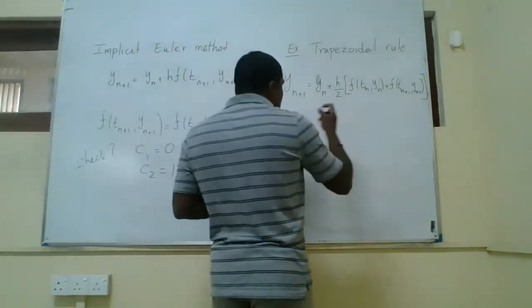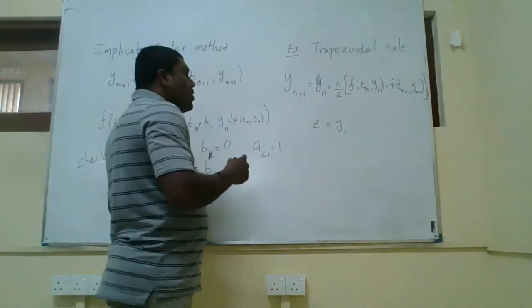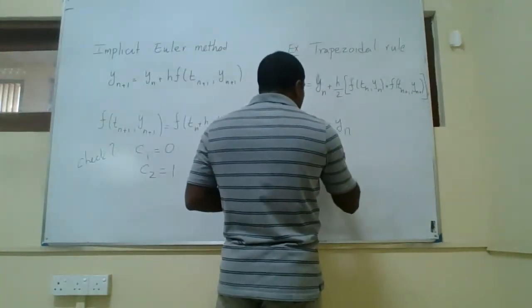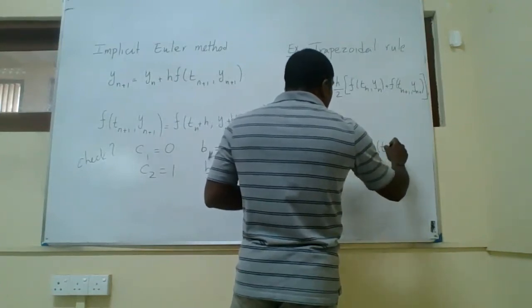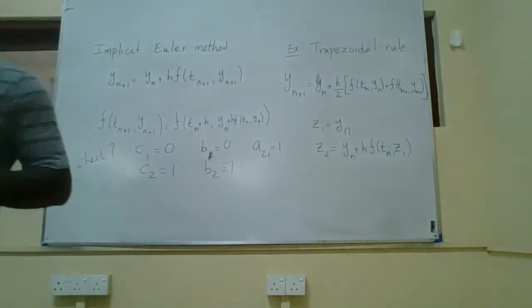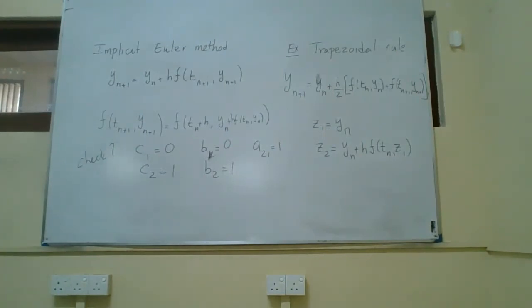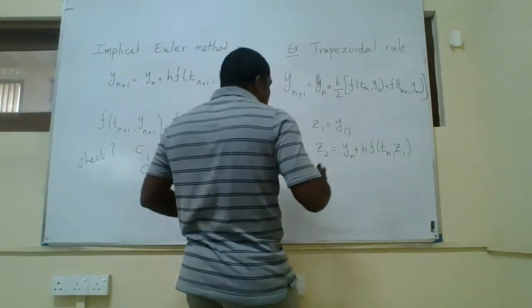As usual, let's say we set z1 equal to y_n, and then z2 will be equal to y_n plus h times f of t_n, z1, right? That is the formula we use. So that is fine, and then you can rewrite this as this.